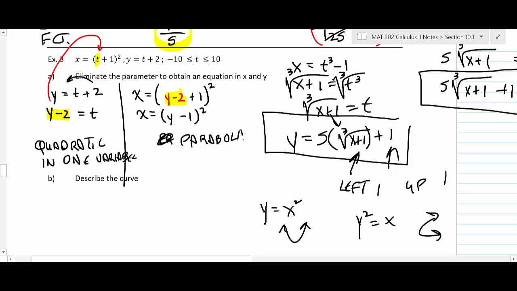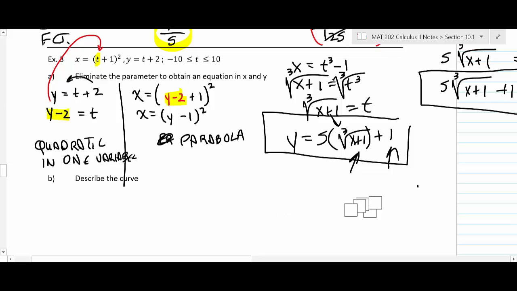And generally what we want to say on this also is go through a little bit more on that. You can just say parabola, but if we plug in the first number and then plug in the t, the first point is going to be like this. Usually we say that it's a parabola from, and then if you plug in that -10, I'm just going to do the first and last point.